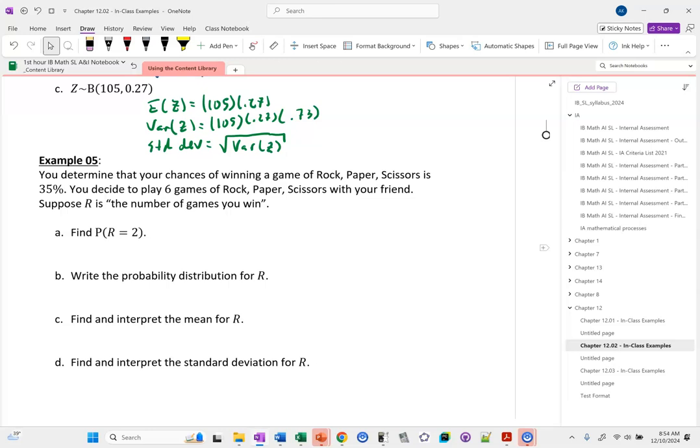Do we know the probability of success? Is that fixed? Yes. Is this binomial? Yes. So we're going to do this as a binomial distribution. So how do we do this then?